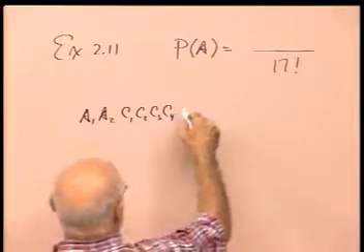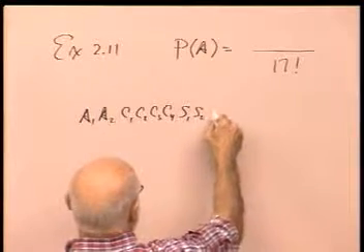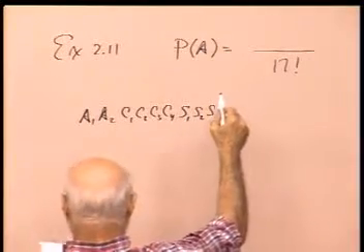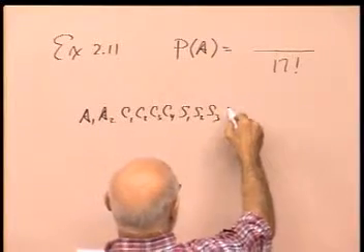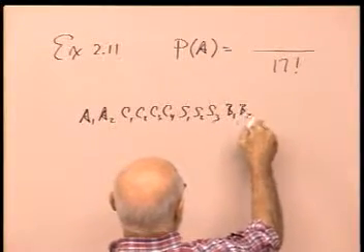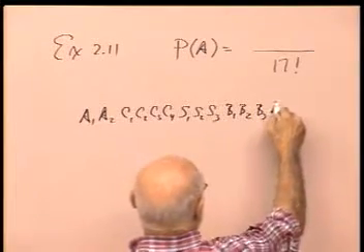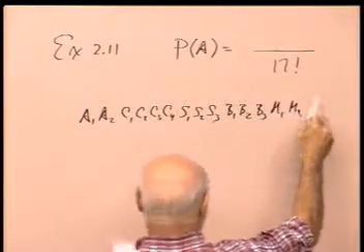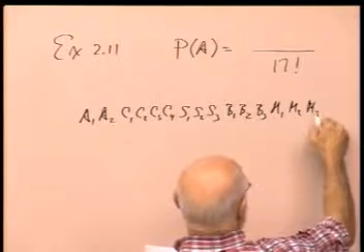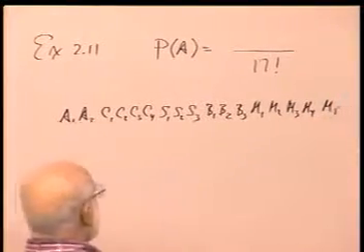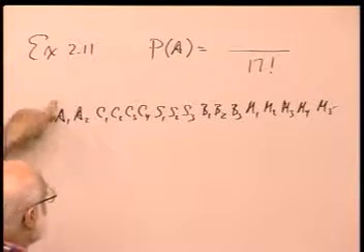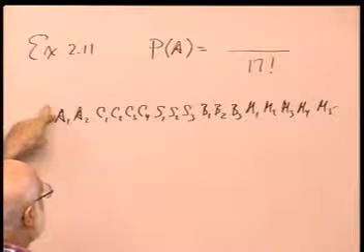And then there's 3 statistics, S1, S2, S3. And there are 3 biology and 5 music: B1, B2, B3, M1, M2, M3, M4, M5. So, if you count them, if I didn't make a mistake, there's 17 of these.